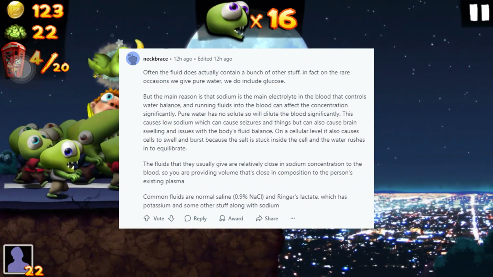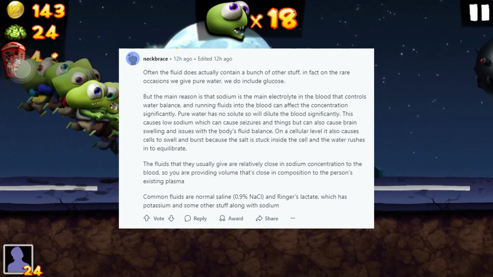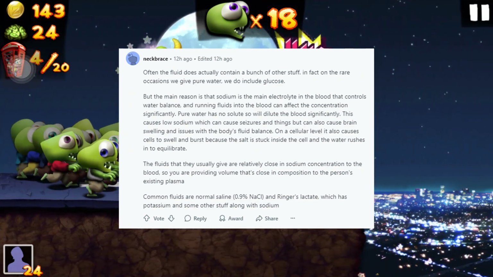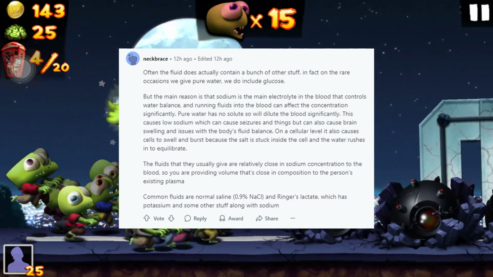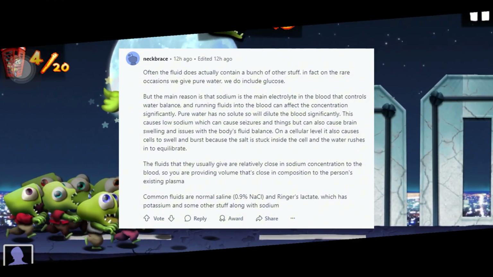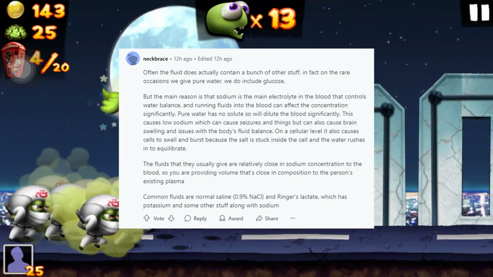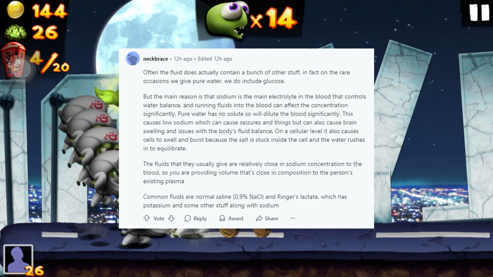But the main reason is that sodium is the main electrolyte in the blood that controls water balance, and running fluids into the blood can affect the concentration significantly. Pure water has no solute, so will dilute the blood significantly. This causes low sodium, which can cause seizures and things, but can also cause brain swelling and issues with the body's fluid balance.